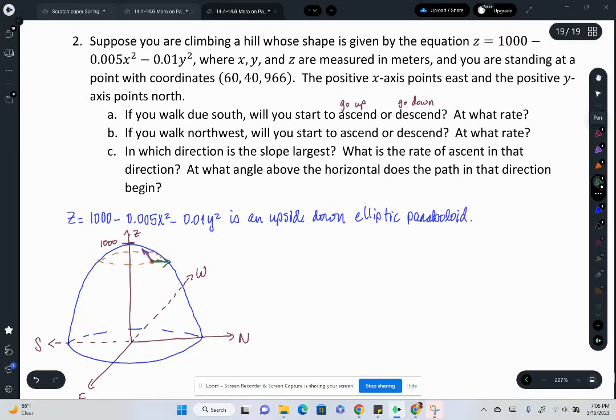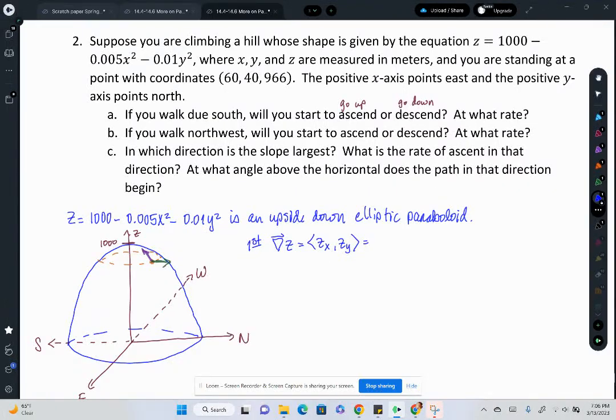Okay, now they're asking us for rates. They're asking us about ascending and descending, so you should be thinking about directional derivatives. We have to calculate the rates of change. First things first, before we write A, B, C, or D, we need to calculate the del operator on Z. So we're looking at del Z, and that means we need the vector with components Z sub X and Z sub Y, which aren't too hard to calculate.